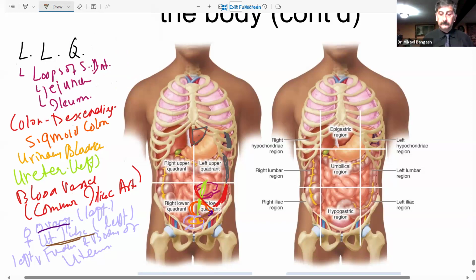Yeah. Any questions? So pretty much, structures found within the left lower quadrant.